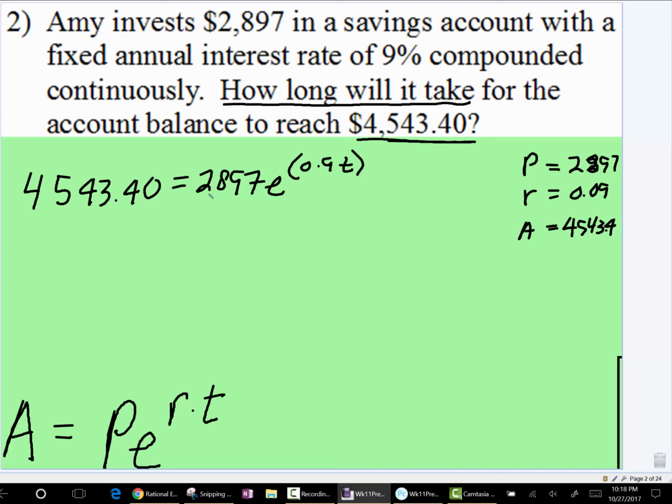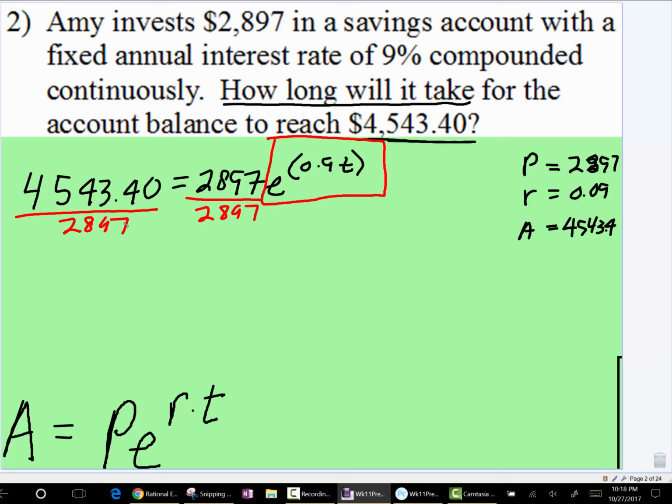Well, notice we need to get this by itself, and then we're going to have to get the t by itself. But t is part of this e portion, and $28.97 is attached by multiplication, so we're going to divide both sides by $28.97.